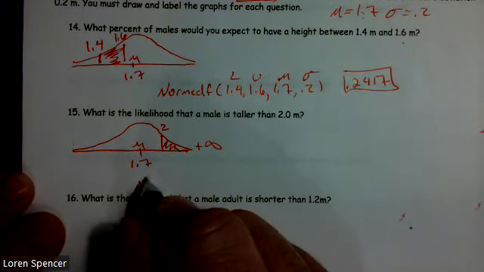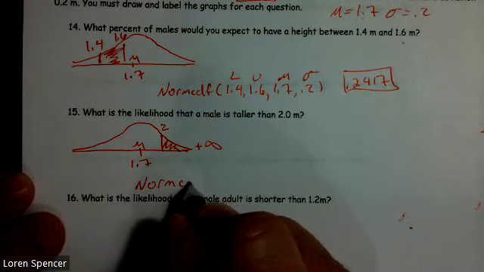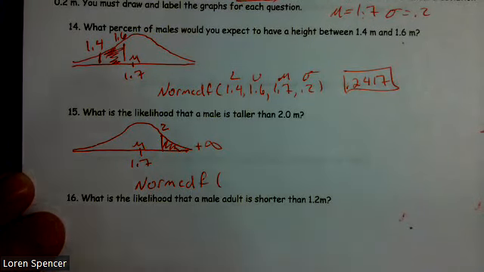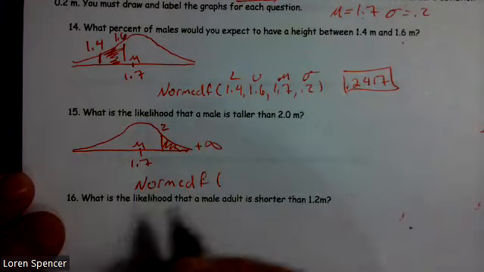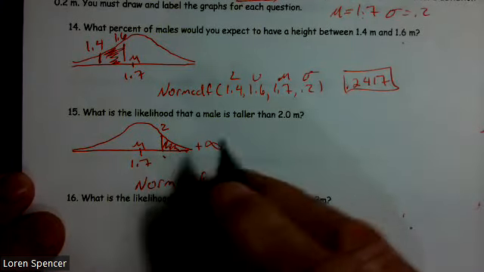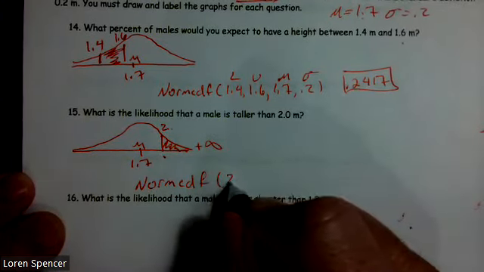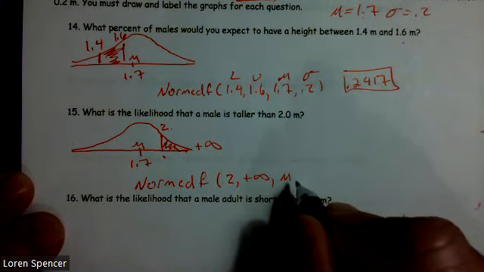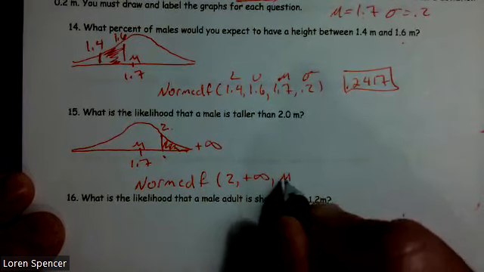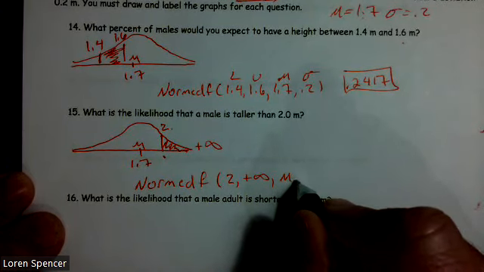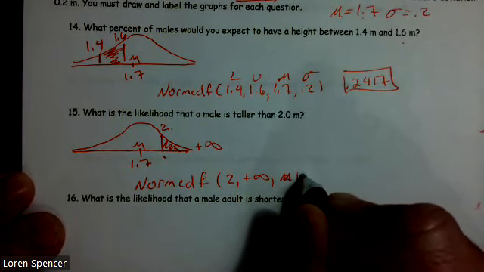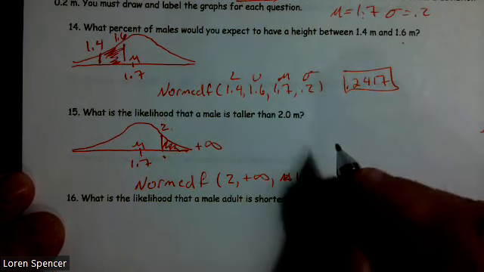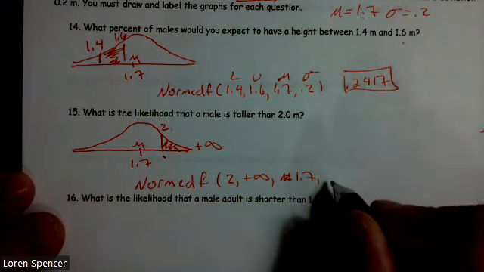And so we're going to go norm CDF. The lower part of my shading happened to be at 2.0. We went to positive infinity. Our mean, oops, didn't need to write that there, scratch that out, just write 1.7. And my standard deviation was 0.2.